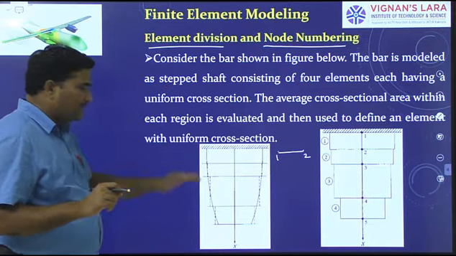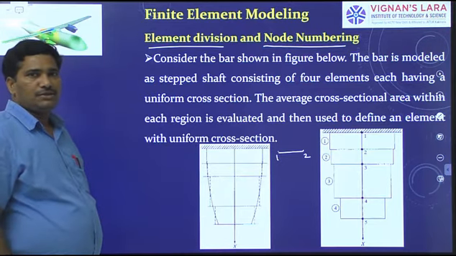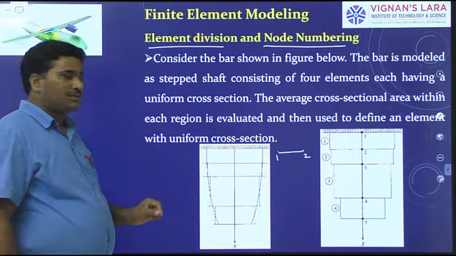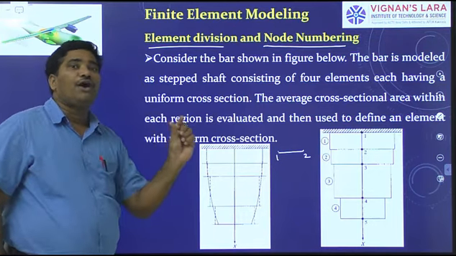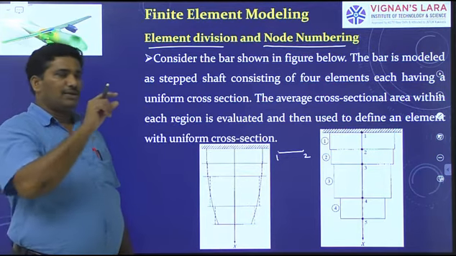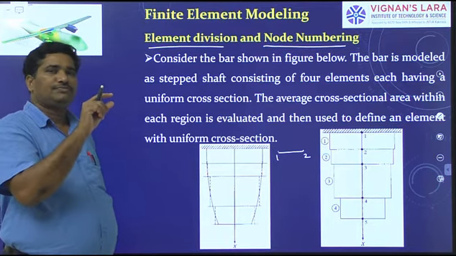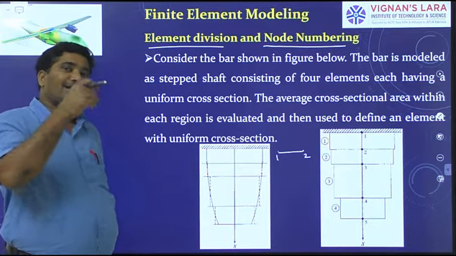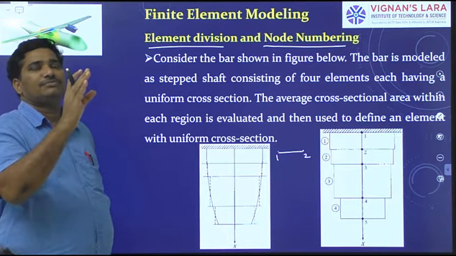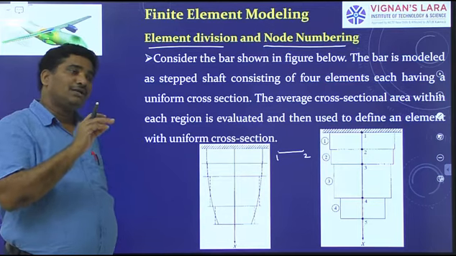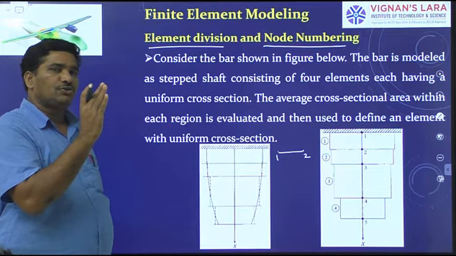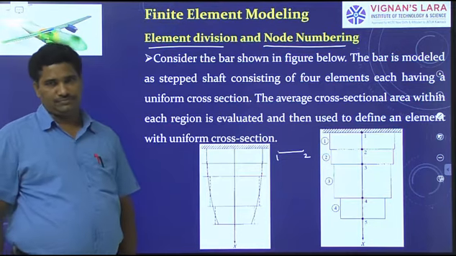For finite element modeling, we should consider the elements with the uniform cross-section. For the first element, the cross-section should be uniform. For the second element, the cross-section may be different, but it should be the same throughout. For the third element, the cross-section may be different, but the cross-section area should be the same throughout its length.